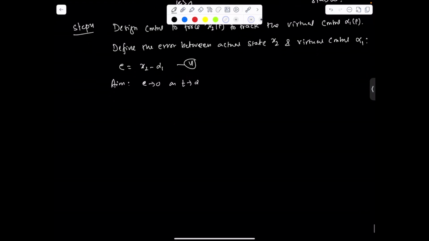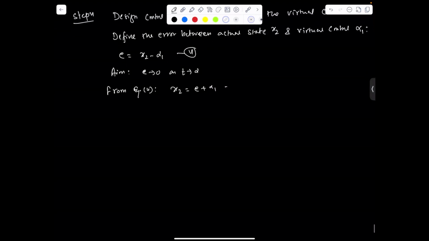Also from equation 4, we can write x2 equal to e plus alpha 1. In this example we are going a little differently from the previous example, though conceptually both are the same thing.